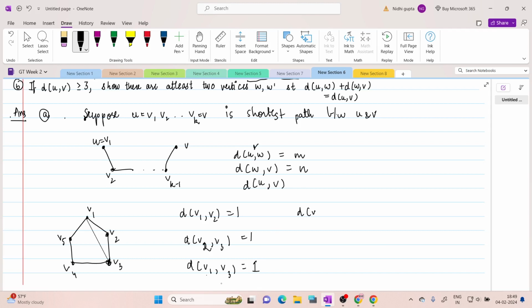In this case we get d(V1,V2) plus d(V2,V3) strictly greater than d(V1,V3).